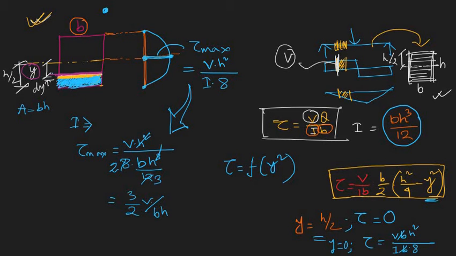So finally we have tau max as 3 by 2 times V divided by A.